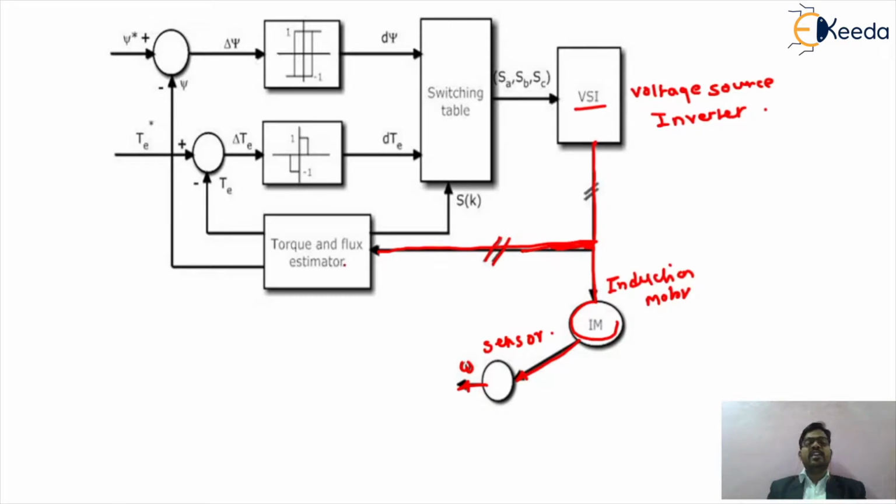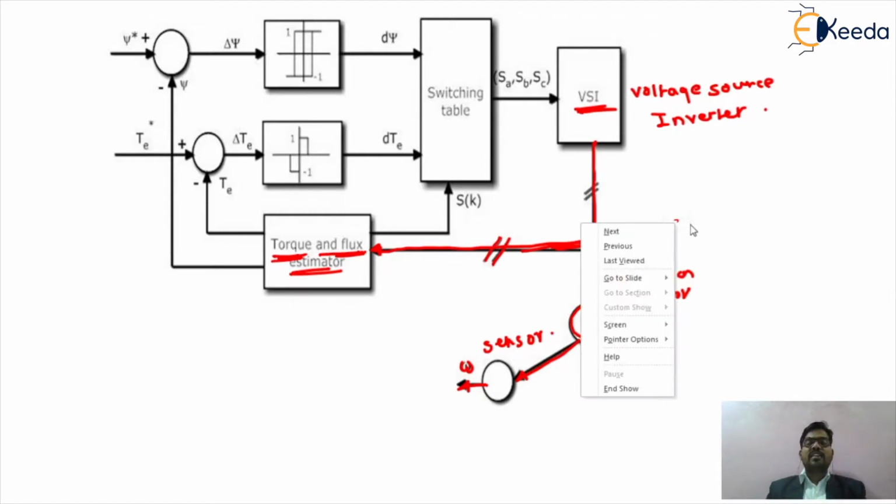Now it will be converted into the torque and flux estimator. So these quantities are the reference quantities of your induction motor. Now we are giving this input to your torque and flux estimator. This will be the block in which we can get the value of your flux and torque in concern with the stator of your induction motor, because as we know, the voltage source inverter is connected to the stator part of your induction motor.